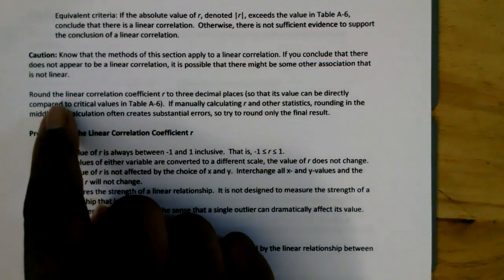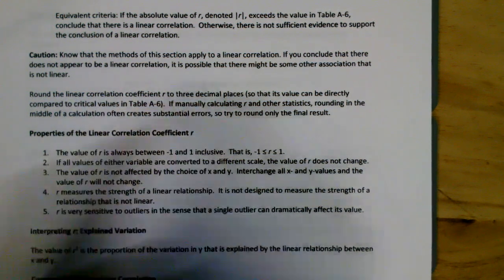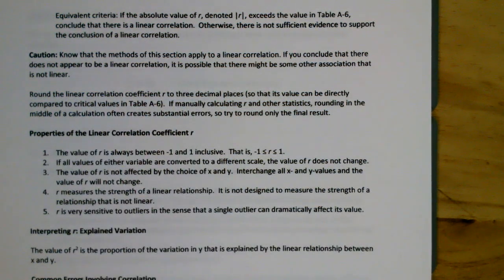Also, the round-off rule is to round the linear correlation coefficient R to 3 decimal places so that the values can be directly compared to your critical values in table A-6. If you're manually calculating R and other statistics, you don't want to round in the middle of the calculation.